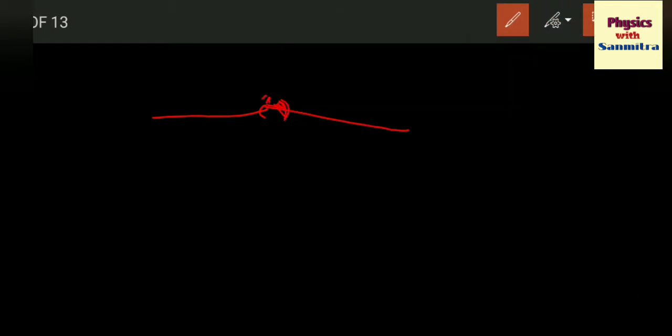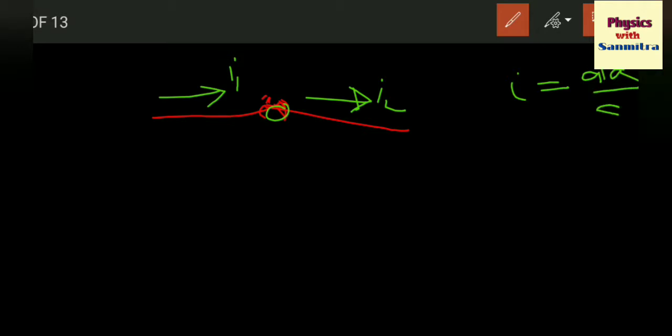Let's say in this branch I1 is flowing, and in this branch I2 is flowing. Now what is current? Current is the rate of flow of charge, that is dq by dt.